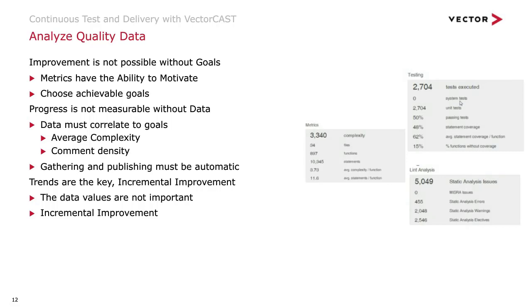Maybe it's a security checking tool to make sure that there aren't security flaws in the code base itself, and that collects metrics, and you'd like to be able to display those metrics in the same dashboard with the testing metrics. So you can integrate those other pieces into the dashboard and see them side by side, and even correlate those metrics with the testing metrics that you have. And maybe there's a correlation between the two pieces of data that you'd like to be able to measure and assess as you go through the project.